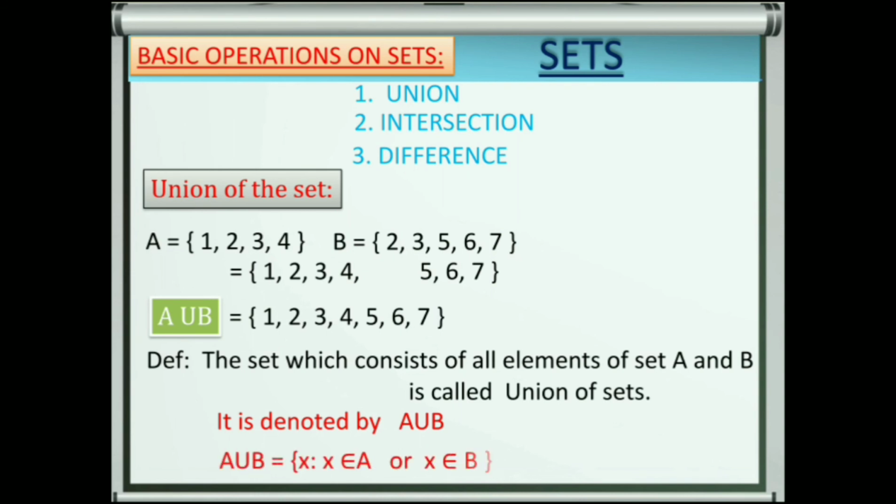The set builder form of A union B is {x such that x belongs to A or x belongs to B}. So in the union of these sets, all the elements of A as well as B should be taken. In this way we can find the union of the sets.